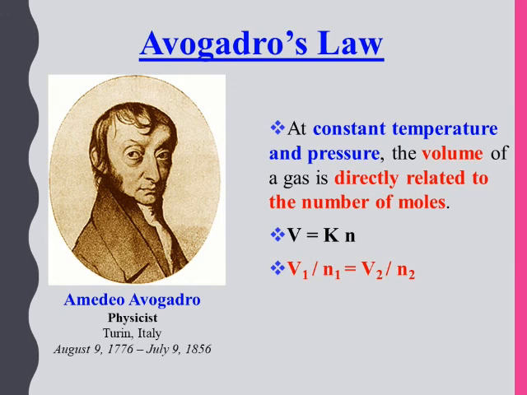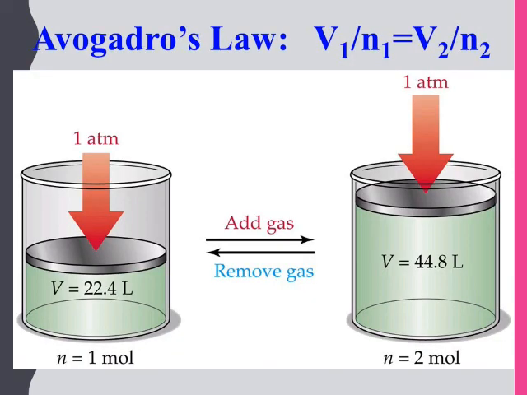Avogadro's law was founded by Amedeo Avogadro, a physicist. Avogadro's law describes that at constant temperature and pressure, the volume of gas is directly related to the number of moles. So if you increase the number of moles, the volume will increase.